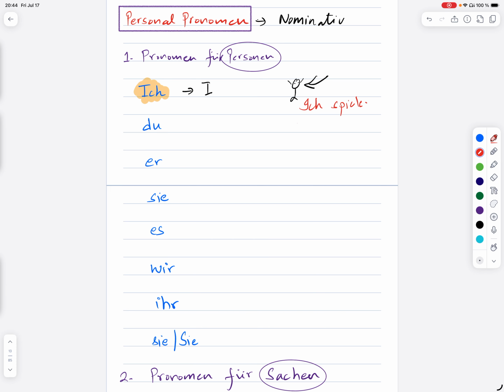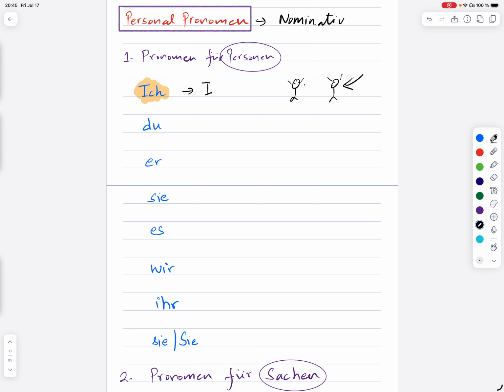So now, if you talk about some other person, then we will have another personal pronoun. For example, you are talking to your friend and you are telling them you are playing. So the second person you are talking to, and you say you play.